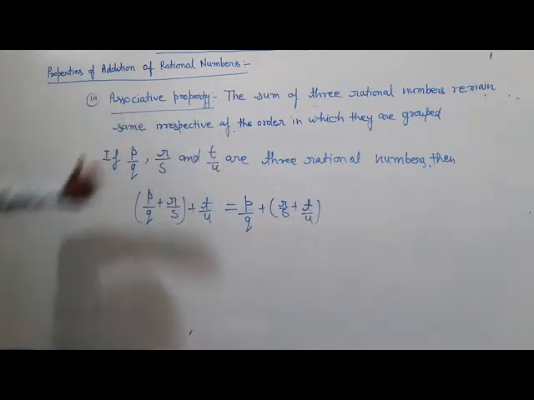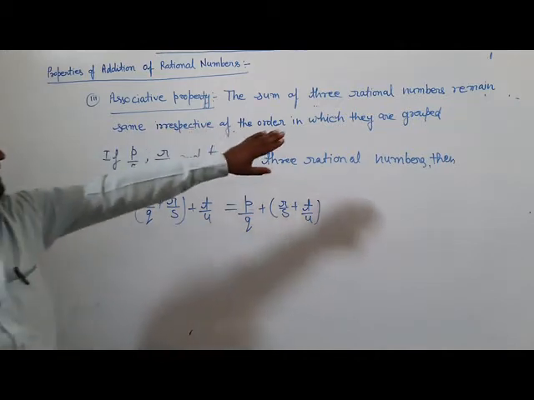This is the associative property of addition. Sum of three rational numbers remains same.